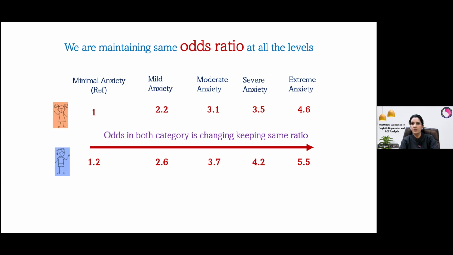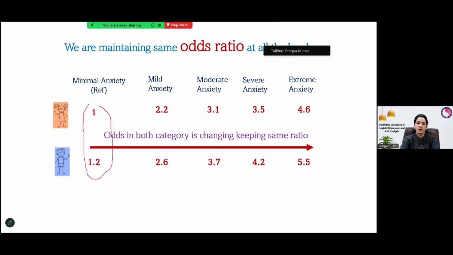Yes, all of you please calculate, then only we will understand. So these are the odds. If you see, the initial odds ratio is 1.2. Then 2.6 by 2.2 will be nearly the same, 1.2.